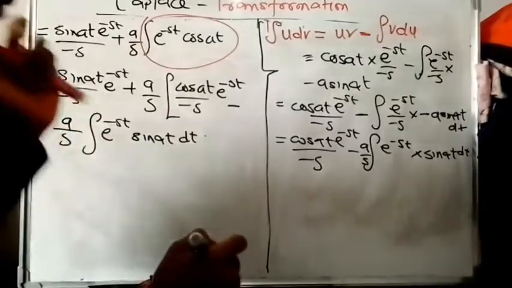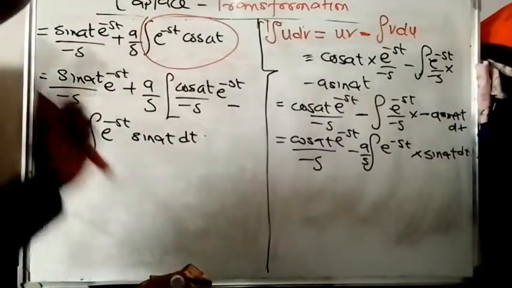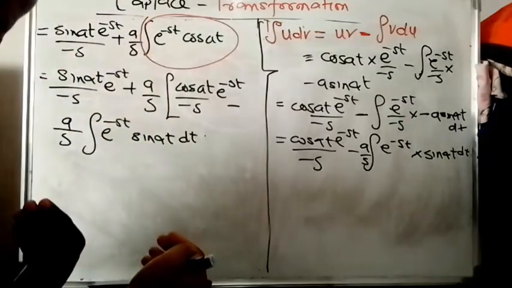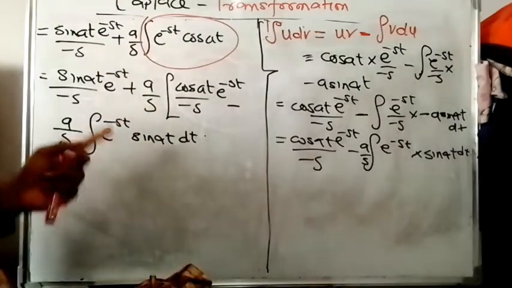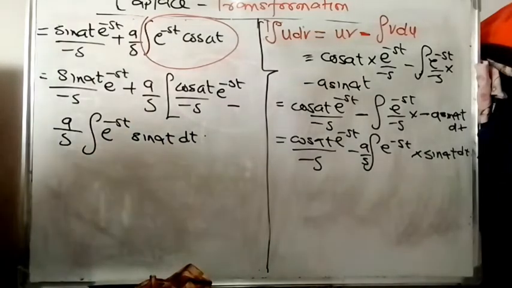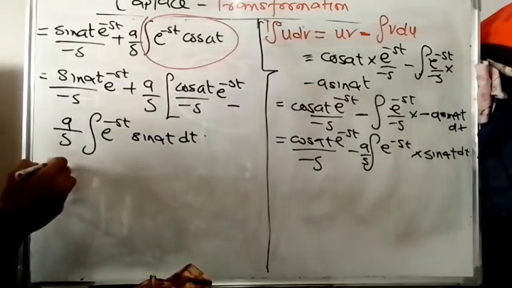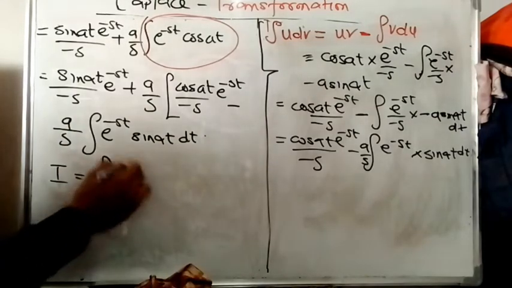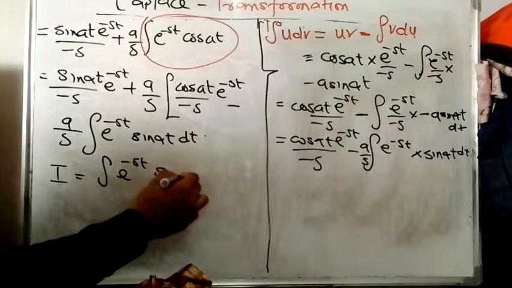Now, if you can remember our actual question, which brought us into integration by parts, it was the integral of exponential minus st sine at dt, right? So since our initial question says, let's take I to be the integral of exponential minus st sine at.